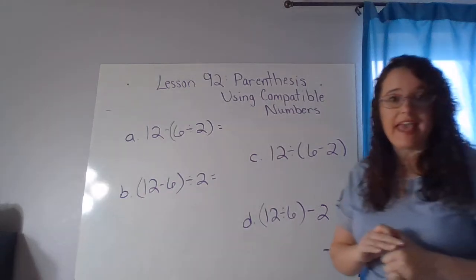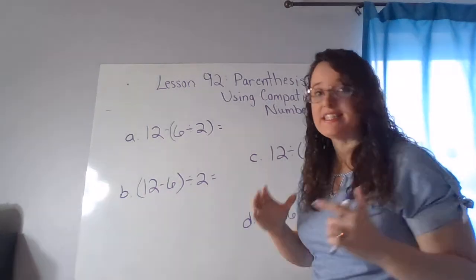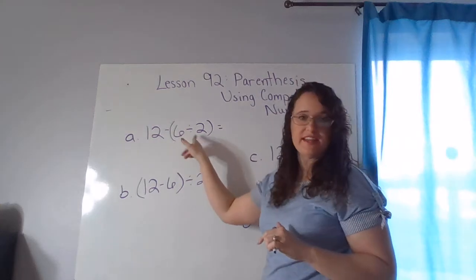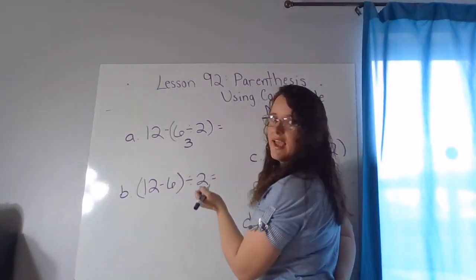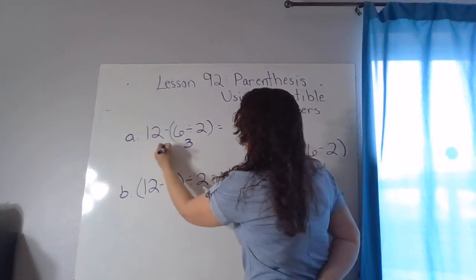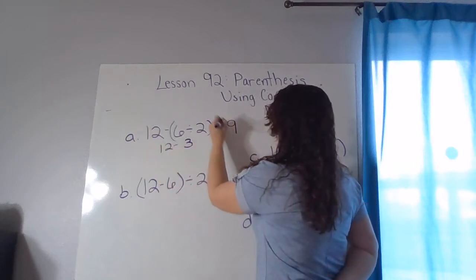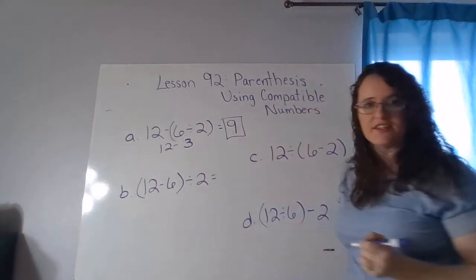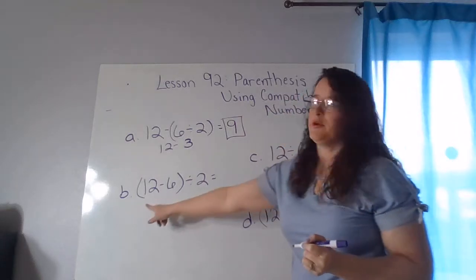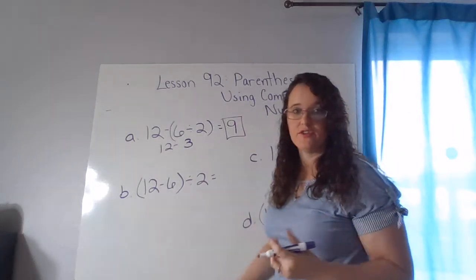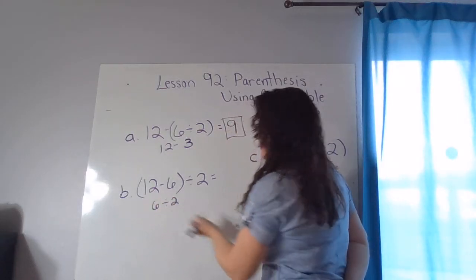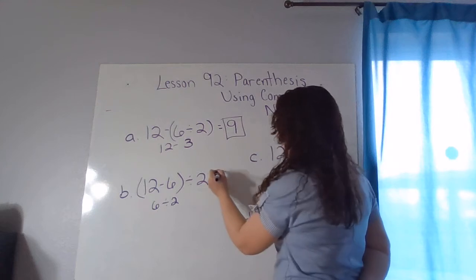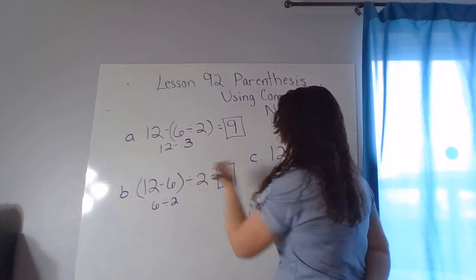All right, problem A. Remember, we're doing parentheses first. So 6 divided by 2 is 3, and then 12 minus 3 is 9. So my answer is 9 there. Parentheses first, so now I have to do 12 minus 6 first, and then divided by 2. 6 divided by 2 is 3.